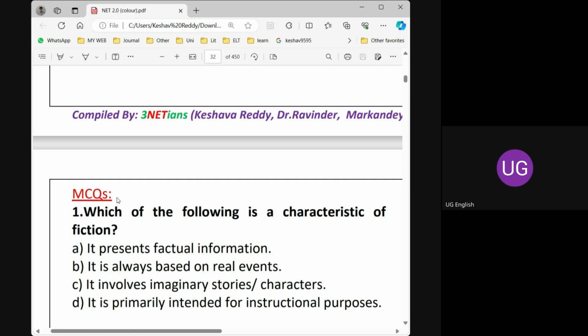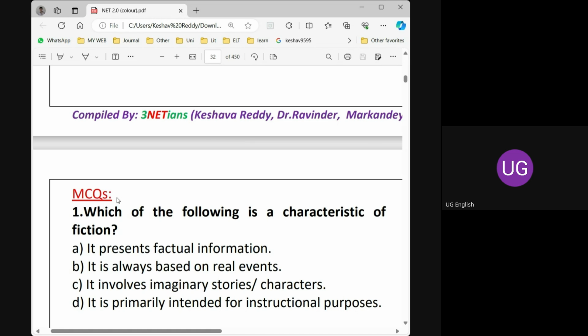Elimination is the key to success in competitive examinations, because it improves your chances of getting the right answer. Sometimes we know the right answer, sometimes we don't, but instead of going for blind options, you can make some elimination. See, the first one says it presents factual information.